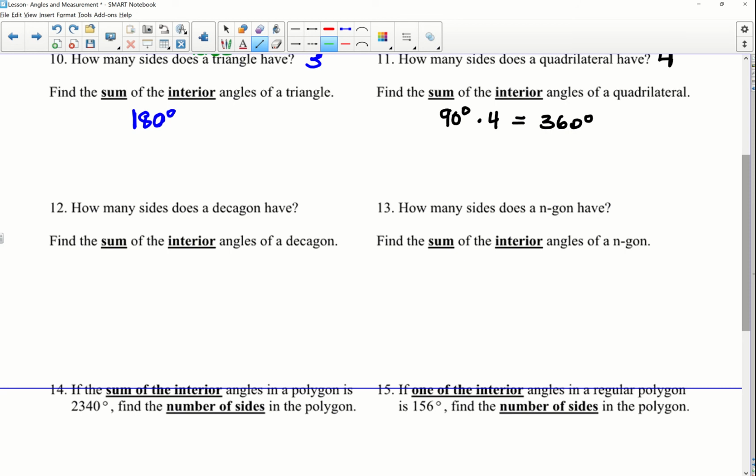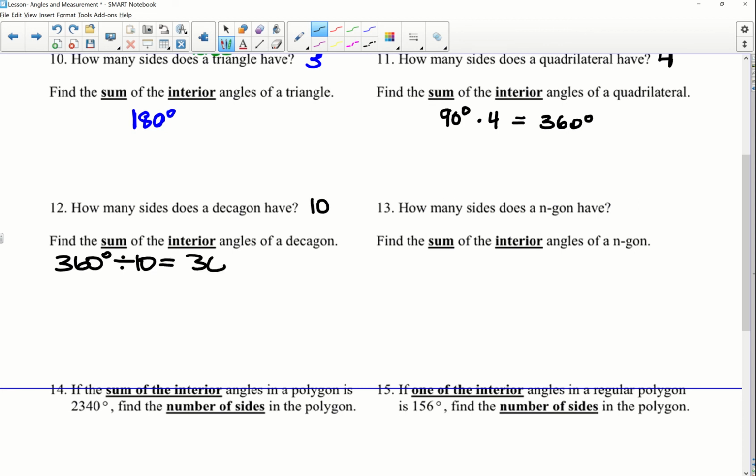So in number 12, when it says how many sides does a decagon have? Well, deca, like decade, 10. I could use that little shortcut, which is to say, let's take 360, because I don't want to draw a decagon, I physically can't. I'll take my 360 divided by 10.